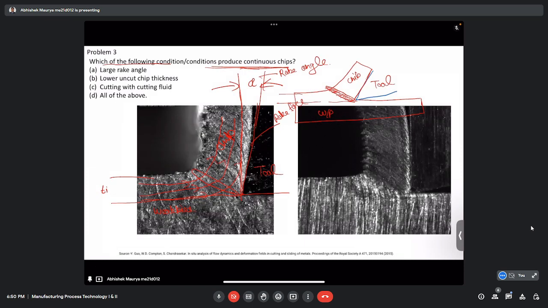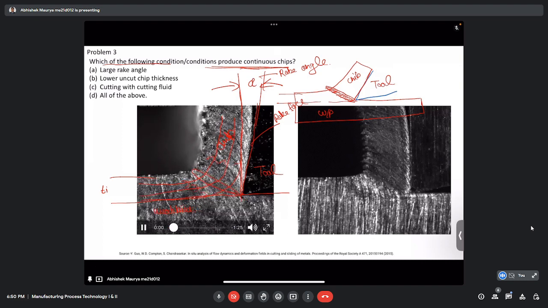You can unmute yourself and tell, or you can write in the chat box some observation. Okay, so let me help you out.